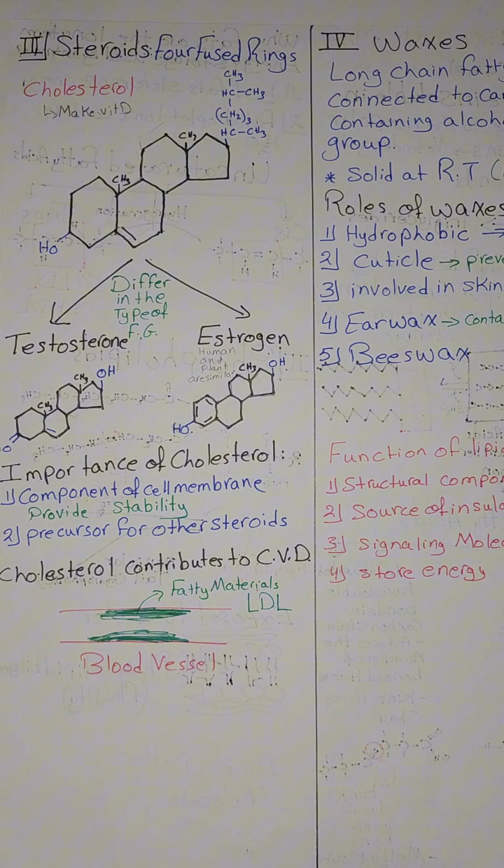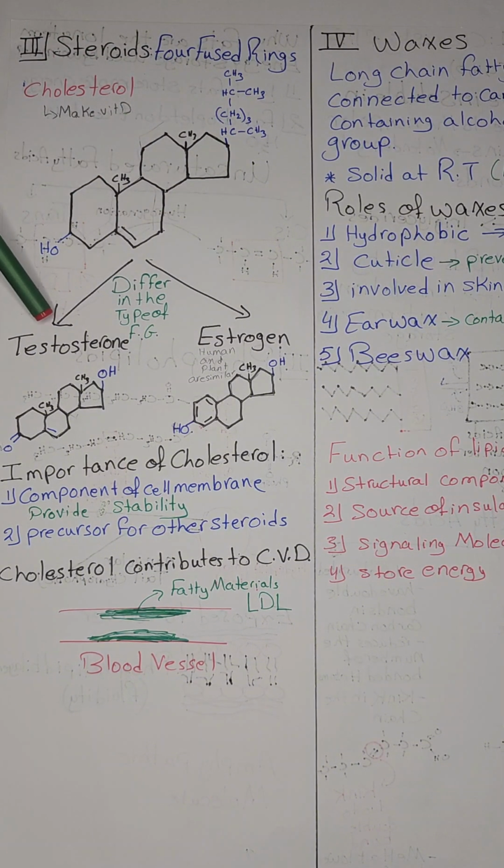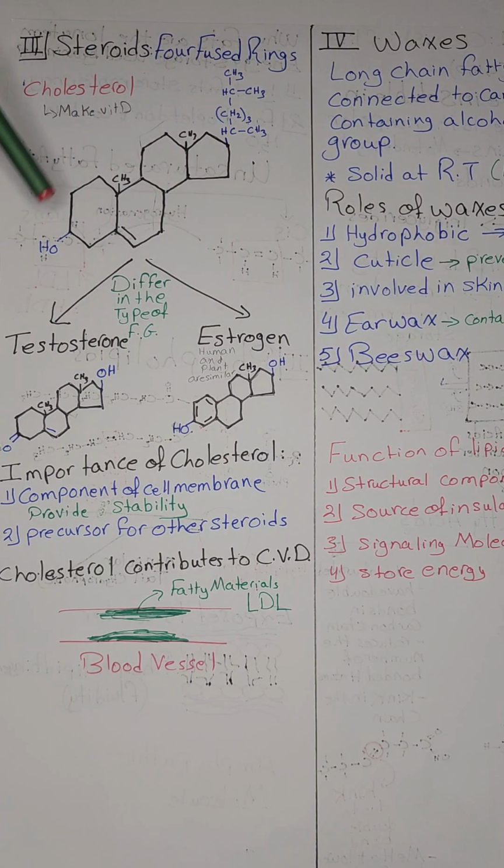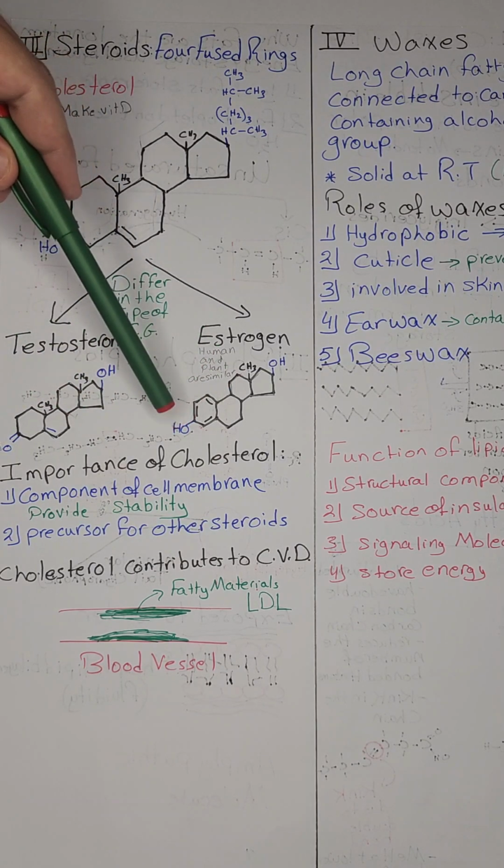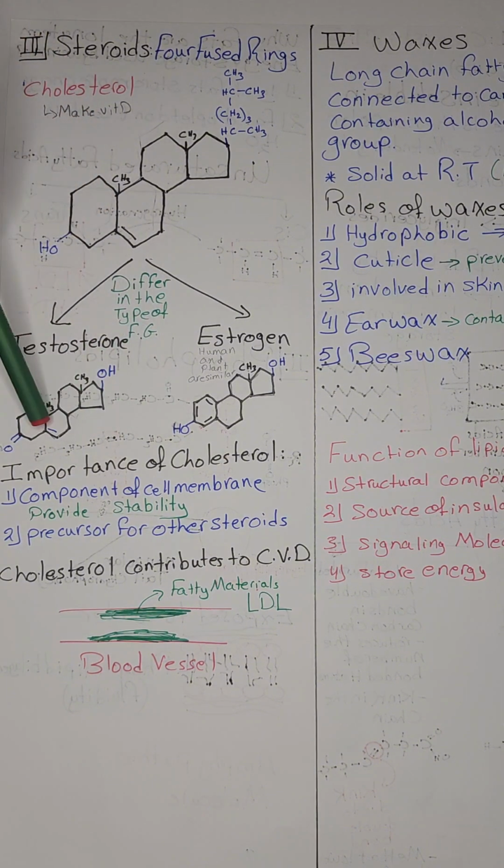But also what is very important about cholesterol is that our body can produce testosterone and estrogen using cholesterol. So cholesterol is a precursor for other hormones like testosterone and estrogen. And we can notice from the drawing here that the difference between testosterone and estrogen is just in one of the functional groups. So cholesterol as a steroid is important because, as I said, it is a component of the cell membrane.